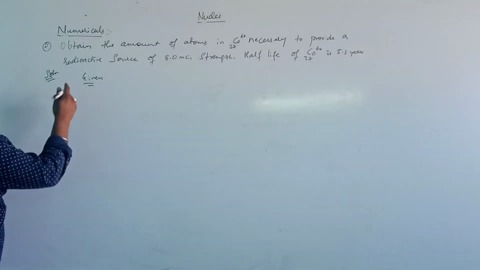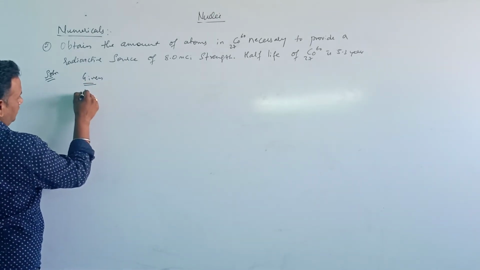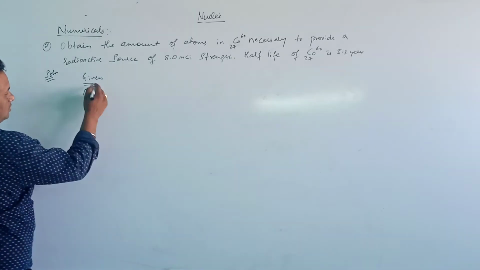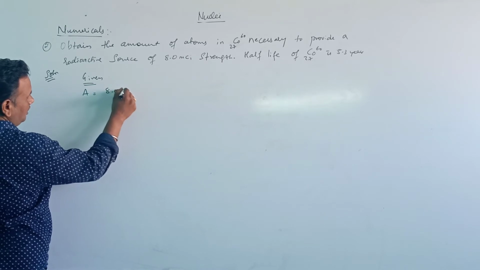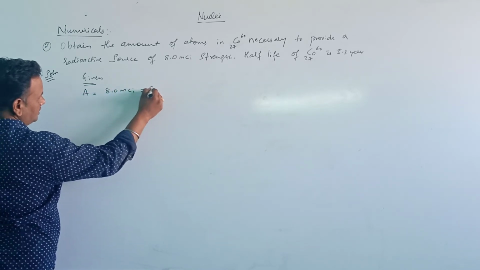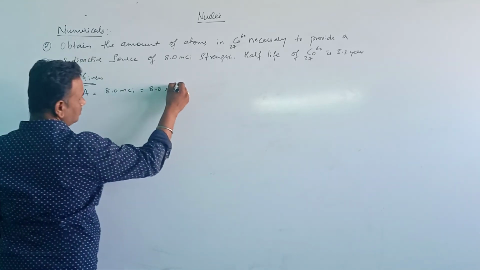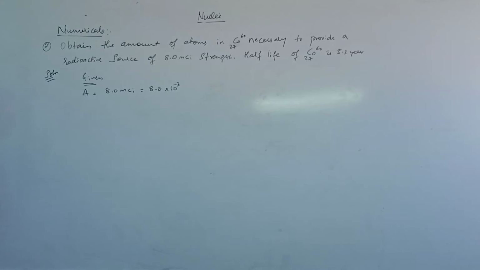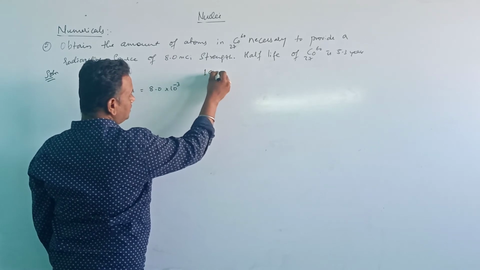Activity is denoted by A. 8.0 millicurie is 8.0 into 10 to the power of minus 3. Now we know that 1 curie is equal to how much?